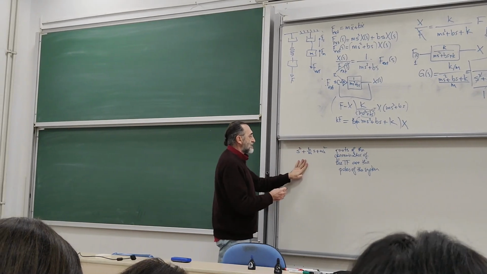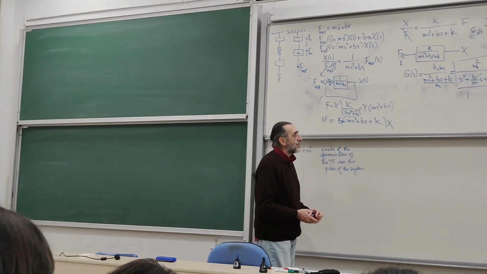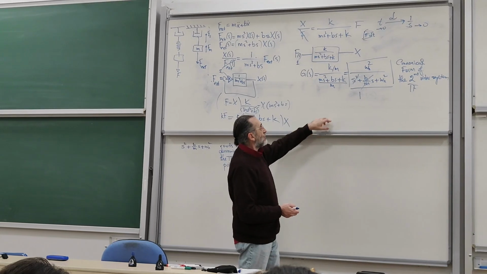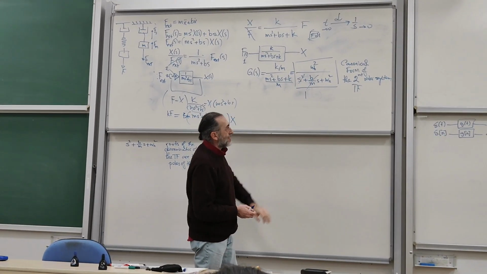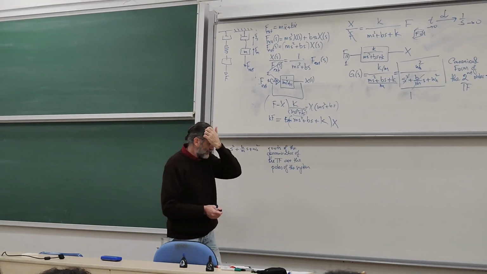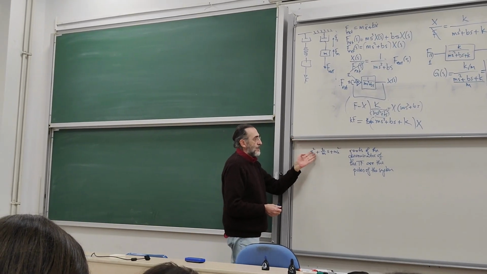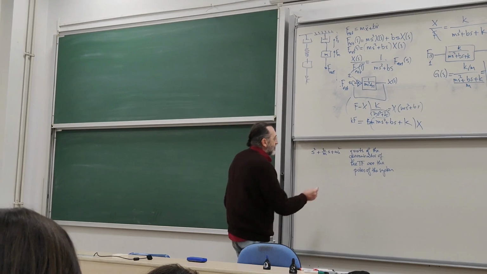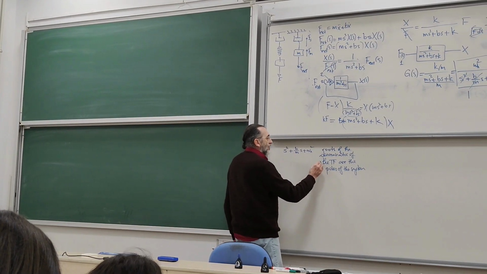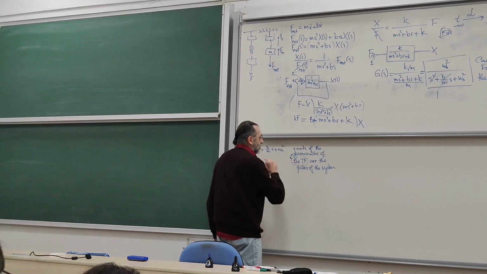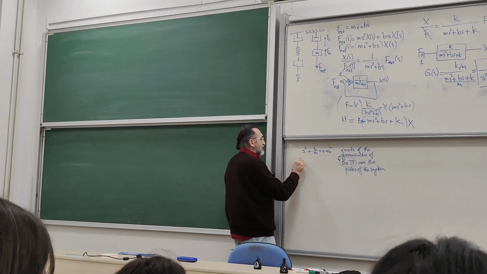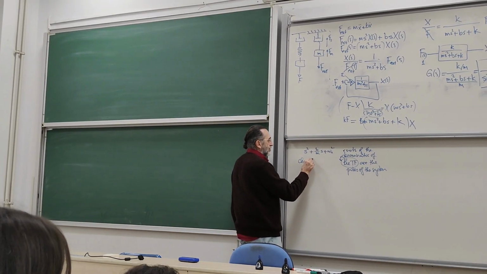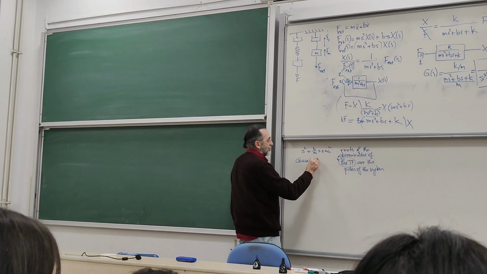So this is a zero-pole representation, as we like to say in control, of transfer functions: the roots of these polynomials. The denominator of the transfer function is called the characteristic equation.